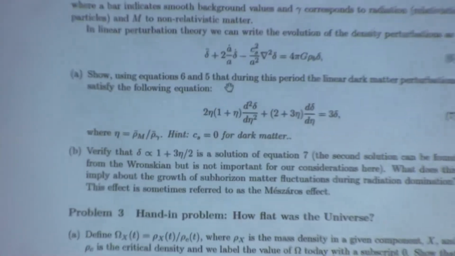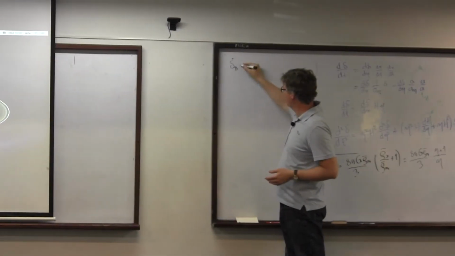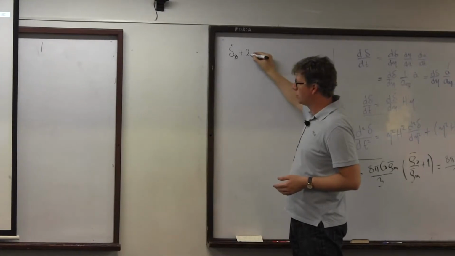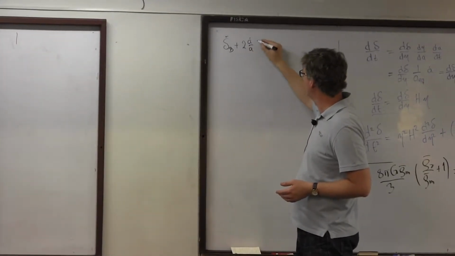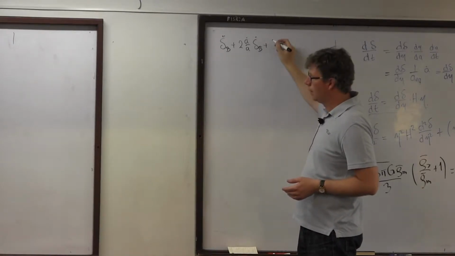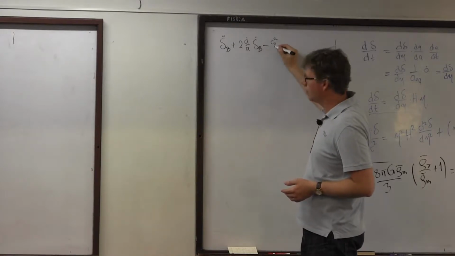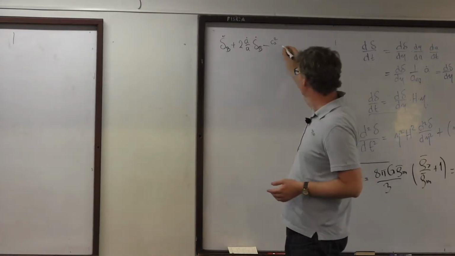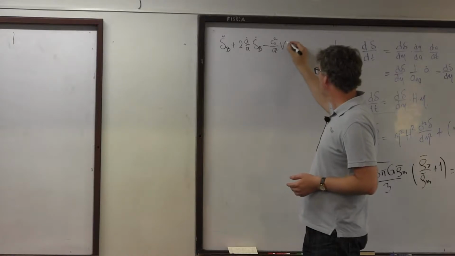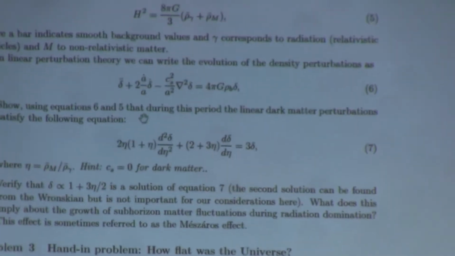In that case, I would have to write delta B for baryonic plus 2A dot over A delta B dot, plus, no, it's a minus, isn't it? Minus c_s squared over A squared gradient squared delta B equals, and now I need even more space.